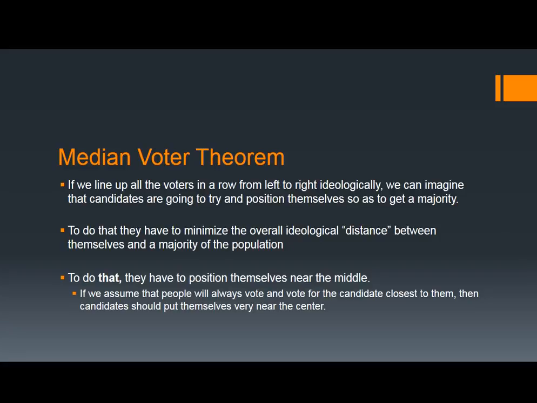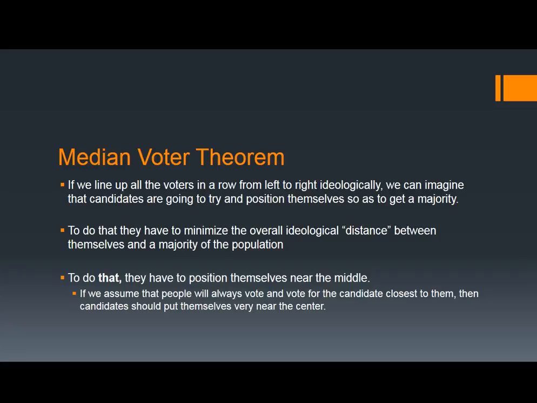Now, note that in order to win a political primary, the calculus is very different. To win the Republican primary, the candidate has to put themselves near the median Republican voter. The median Republican voter is, of course, much more right-wing than the median national voter. And, of course, the median Democratic voter that the Democratic candidate has to win is much to the left of the median national voter.